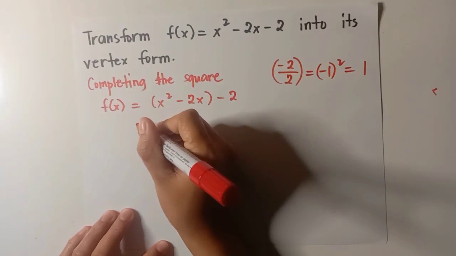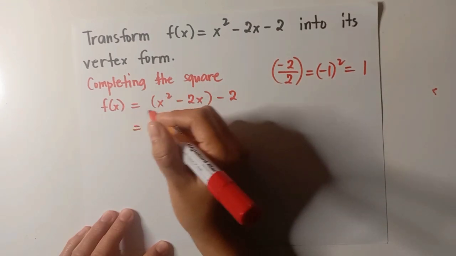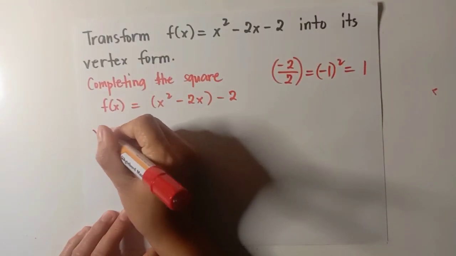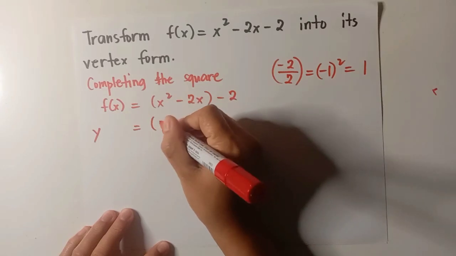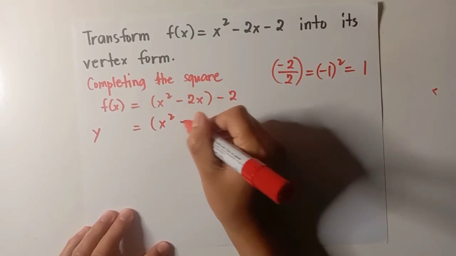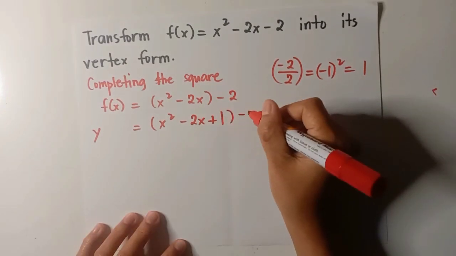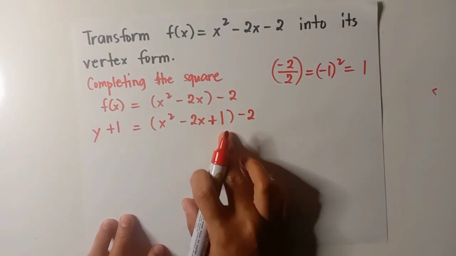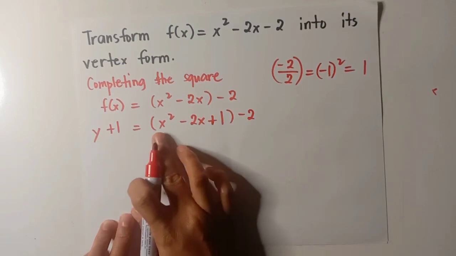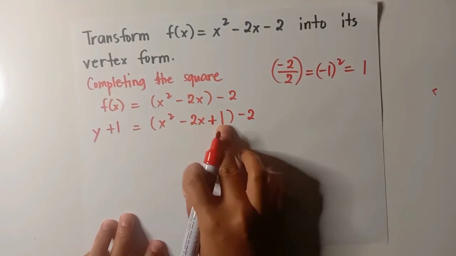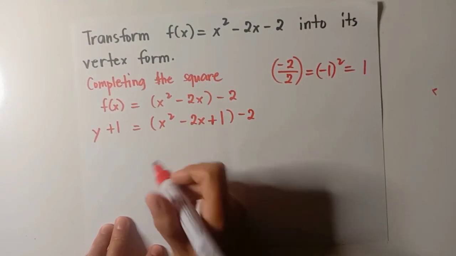So we will write f of x or y, positive 1 and positive 1. After that, we will express this expression into a perfect square trinomial.